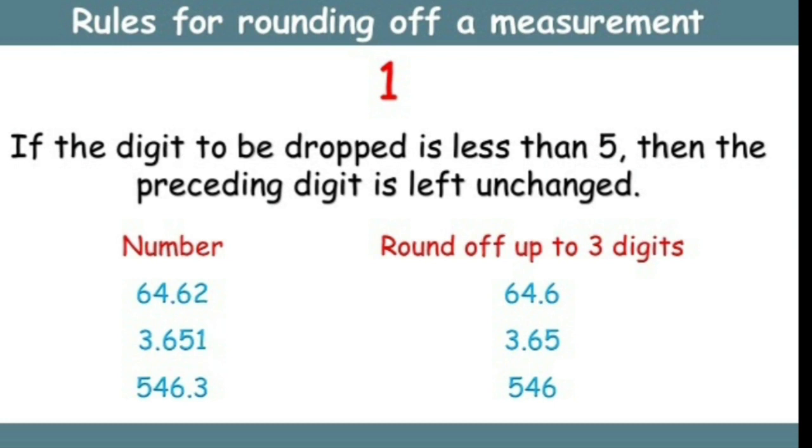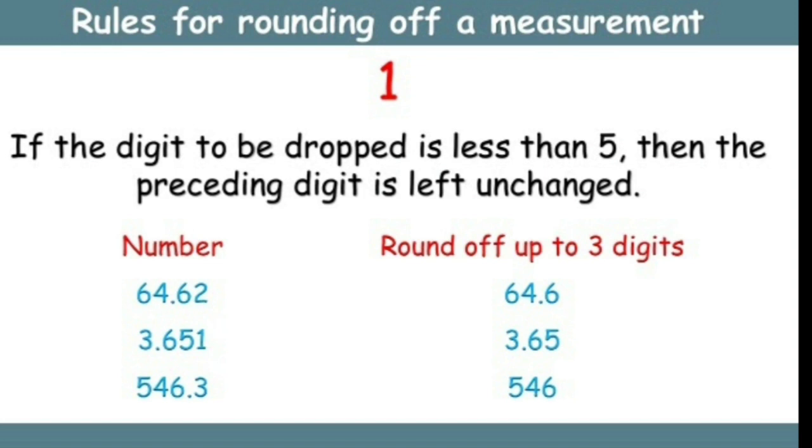Okay. So when you apply that, to that many significant figures, there is a number to be dropped. So here in the first example, 64.62, we have to round it to 3 digits, which means that 2 is to be dropped. If it is less than 5, you simply drop that number. Got it?